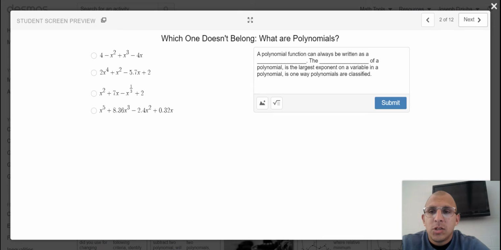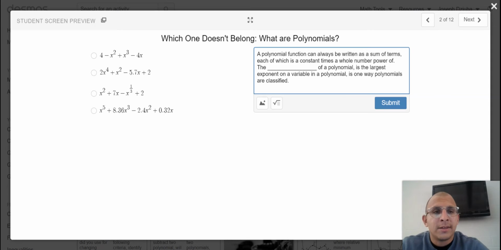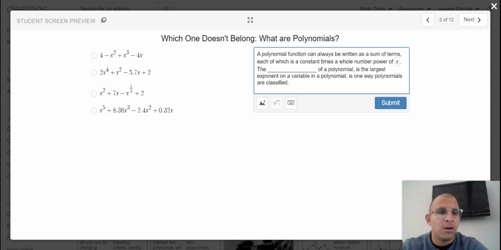So on the first slide, you have 4 different algebraic expressions on display here. Please select the one that you think does not belong and explain why. Some vocabulary before we segue on to our next slide: a polynomial function can always be written as a sum of terms, each of which is a constant times a whole number power of x.